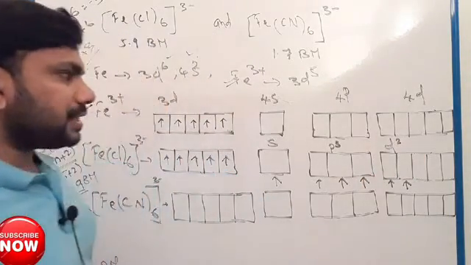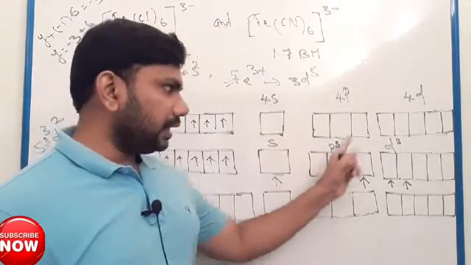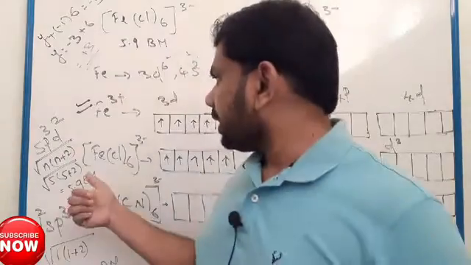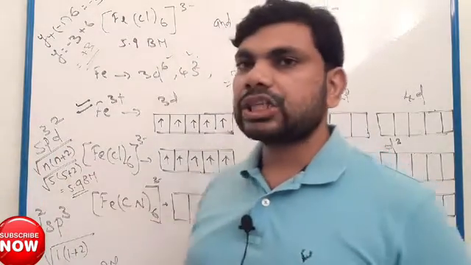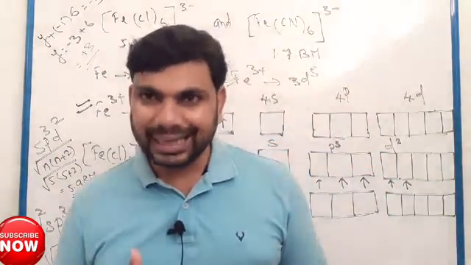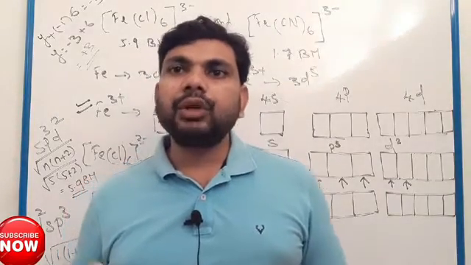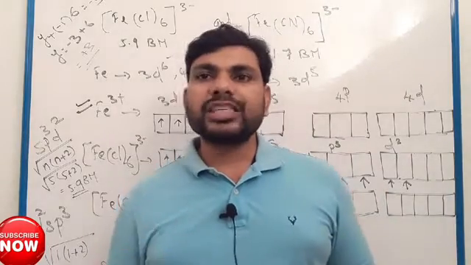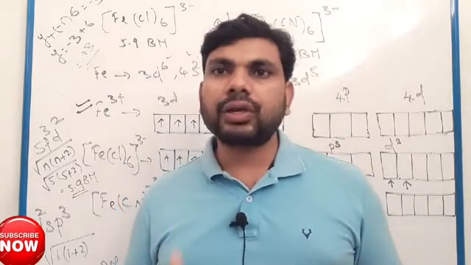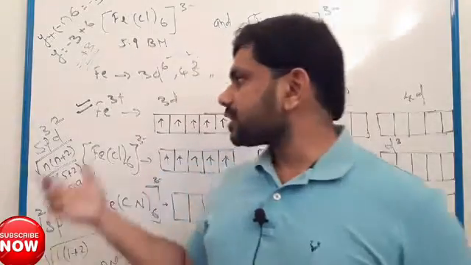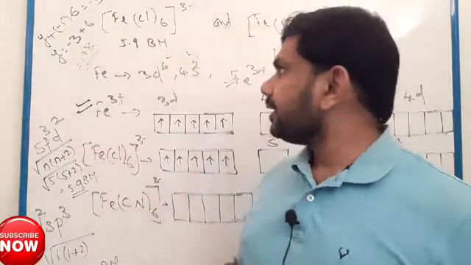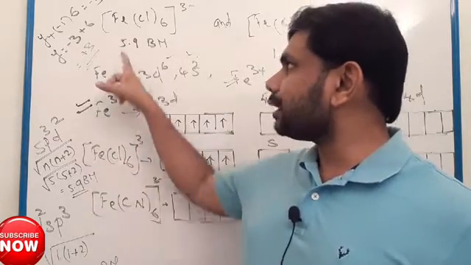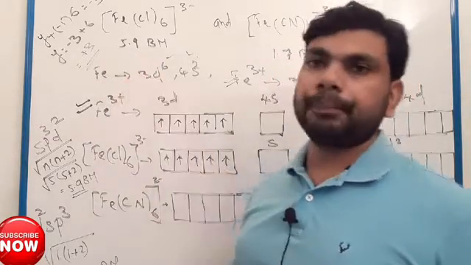What type of hybridization is this? sp3d2 hybridization. sp3d2 we know is octahedral. sp3d2 and d2sp3 are both octahedral geometry. Clear? So sp3d2 is octahedral. Next we can find why the magnetic moment is 5.9.